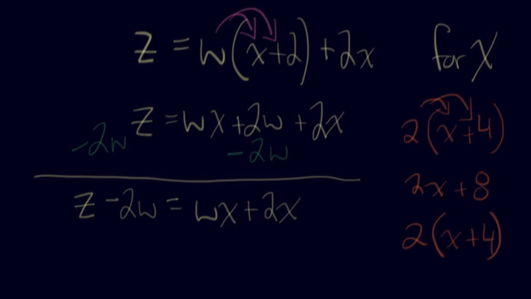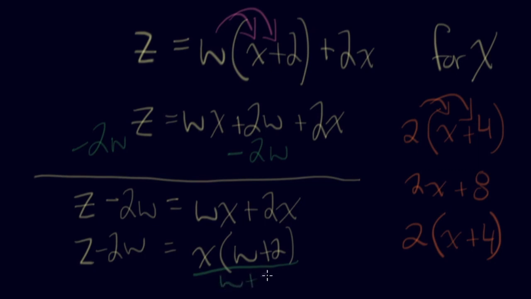So I'm going to factor out my x. And if I factor out my x, what's left is w plus 2. And don't forget this still equals z minus 2w. And now I want to get my x all by myself. So how can we do that? I'm going to divide both sides by w plus 2.